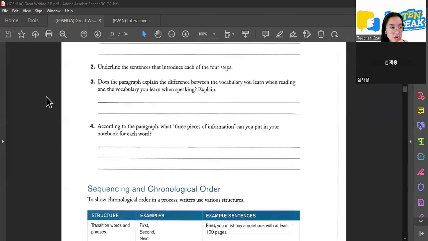Okay, so here, according to the paragraph, 3 pieces of information. Can you put it in your notebook? According to the paragraph, what 3 pieces of information can you put in your notebook for each word? Do you still remember it? Yes. Okay, so what are the 3 pieces of information that you can put in your notebook?